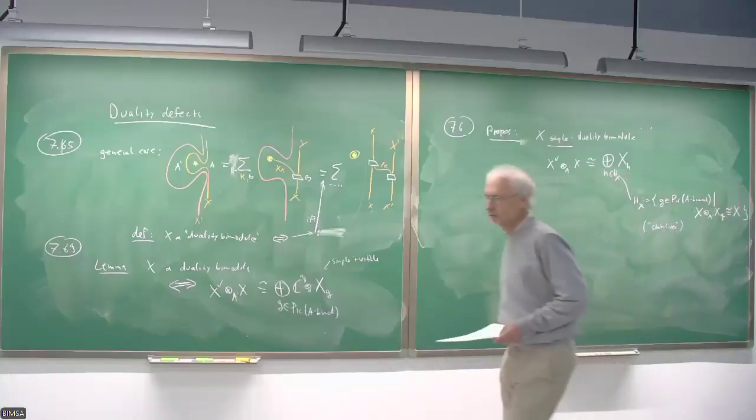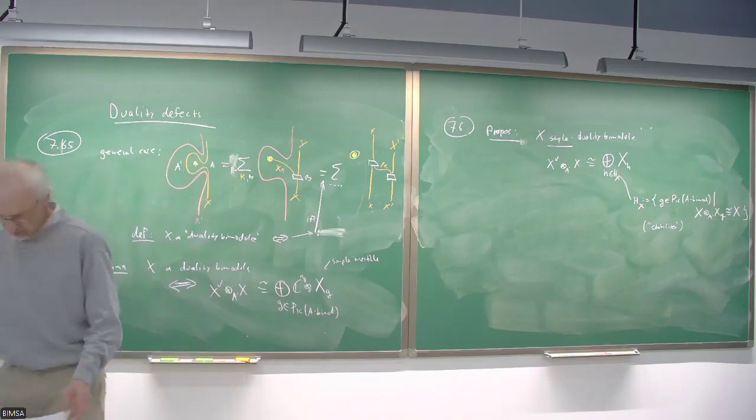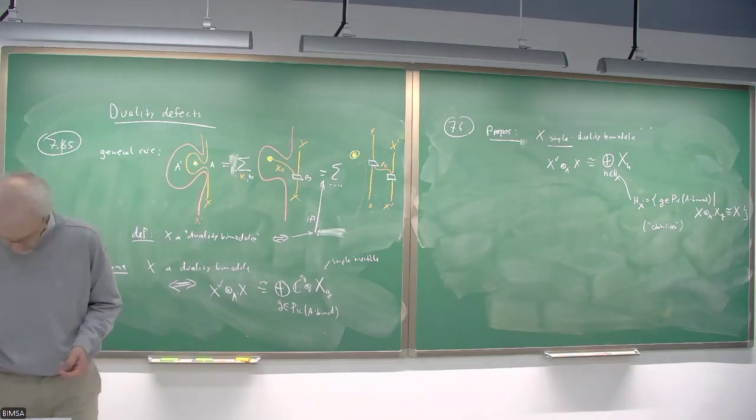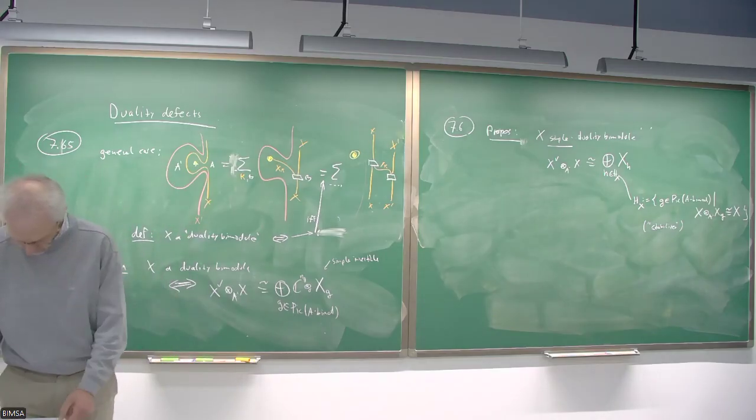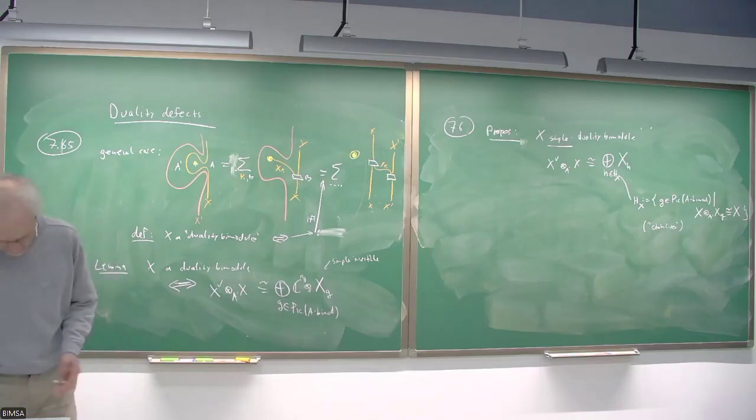And maybe I should call them something else than X, because I use Xg for the invertible ones, but there are only finitely many.